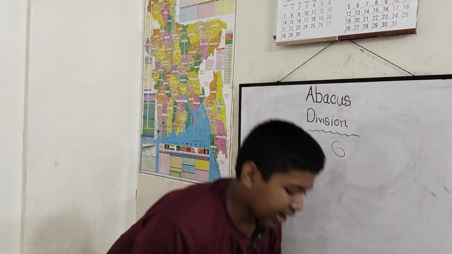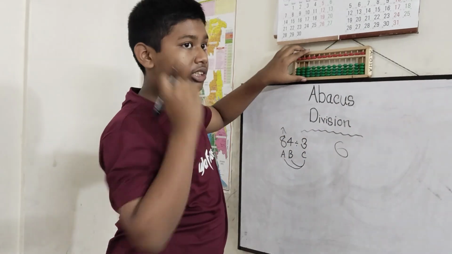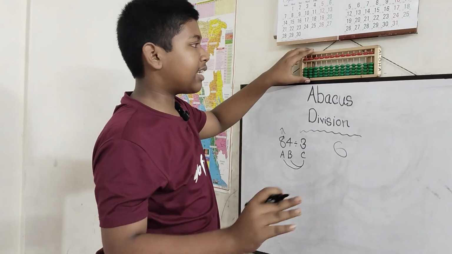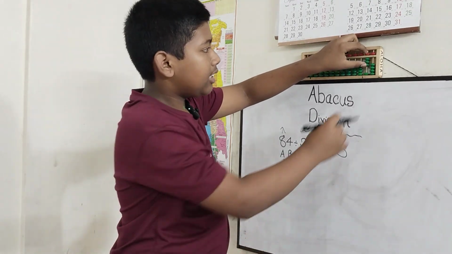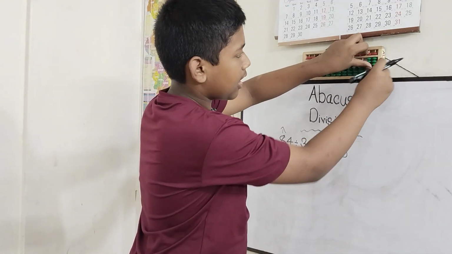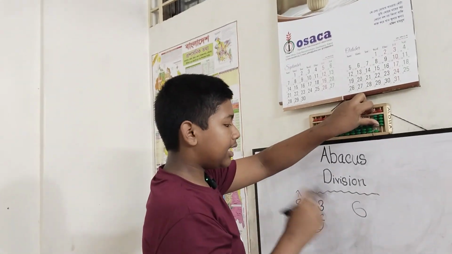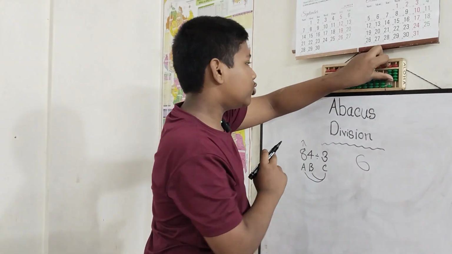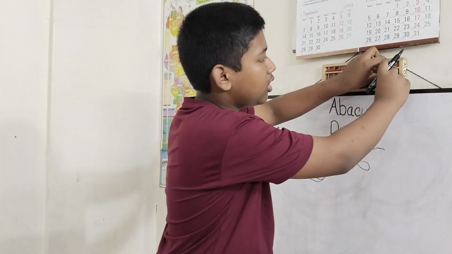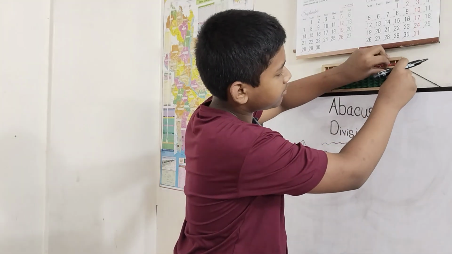So let us take our abacus and do it. For division we have no restrictions, we have no places that we have to take. We can just go anywhere and do it. Let's say 84 right here, and then since 2 multiplication 3 is 6, and we cannot go 9 because 3 multiplication 3 is 9 and 8 is not 9. So what we have to do is subtract 6.